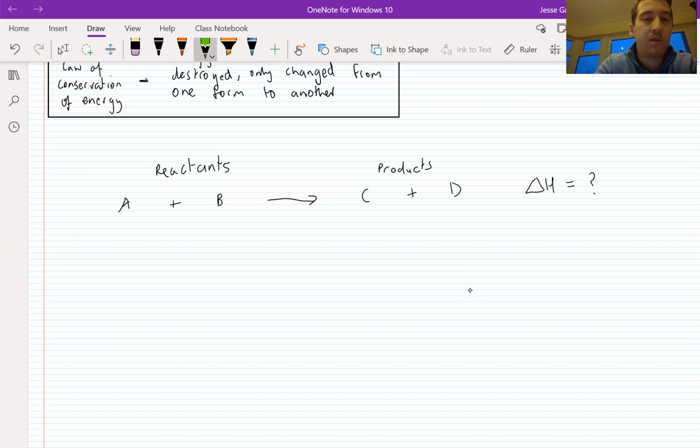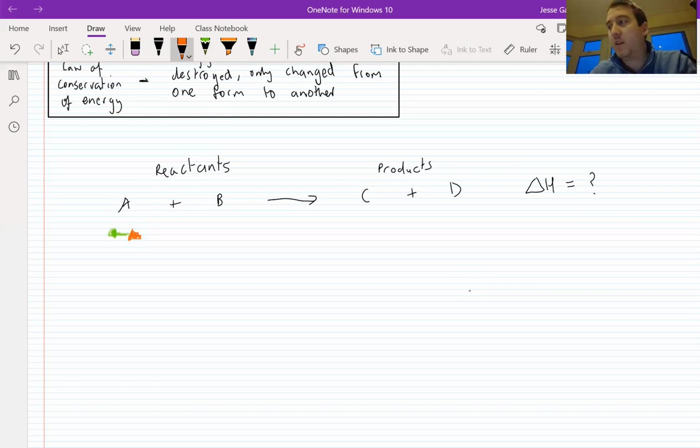So say, for example, A looks like this. It's got 1 green circle atom combined with an orange triangular atom. So these represent different types of atoms. So the reactant A is made of a green circle and an orange triangle, chemically combined.